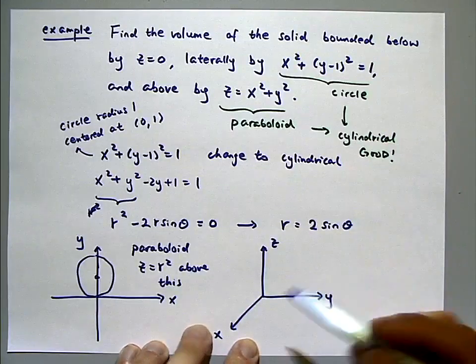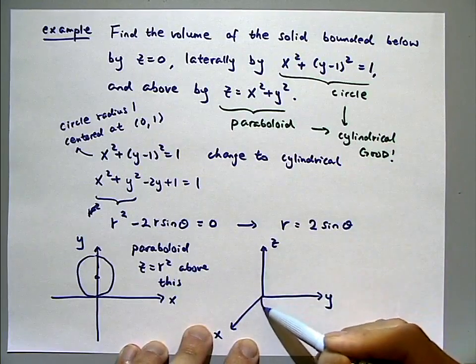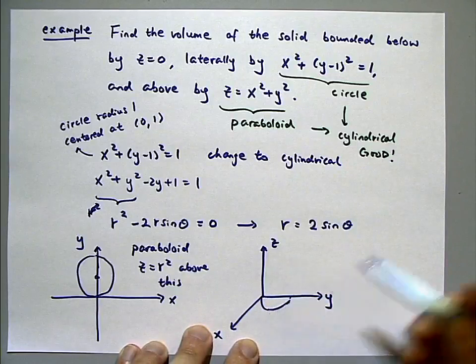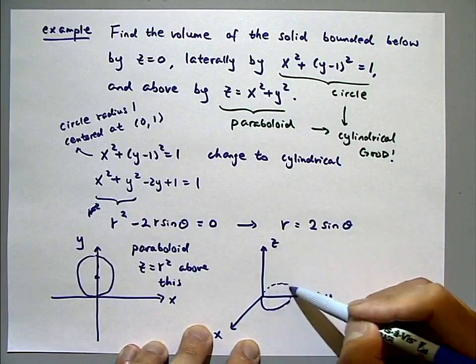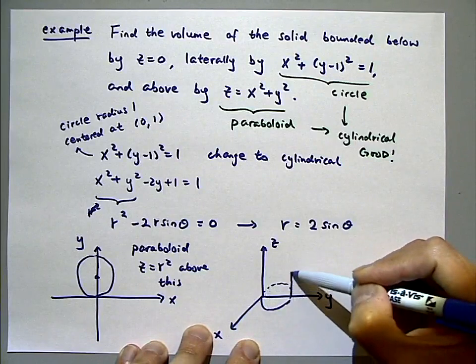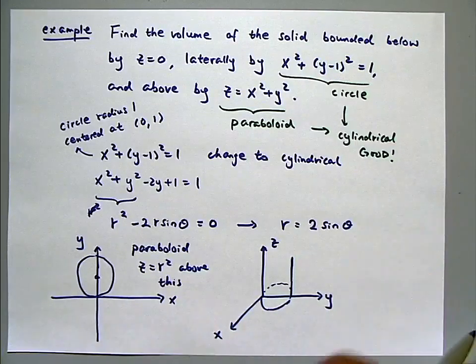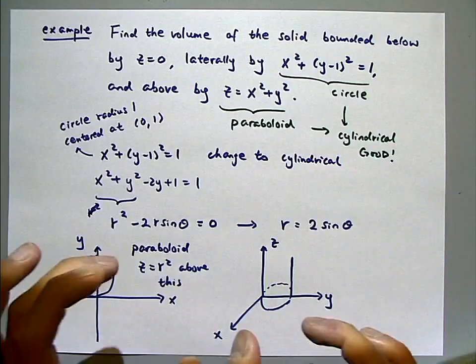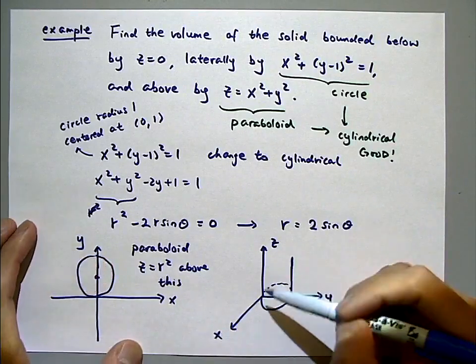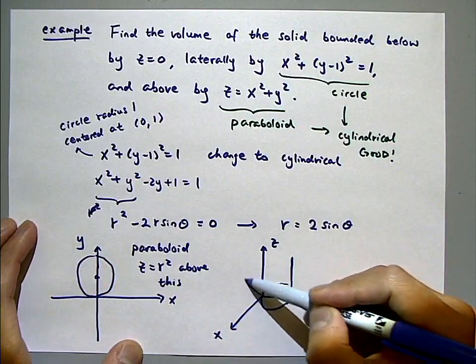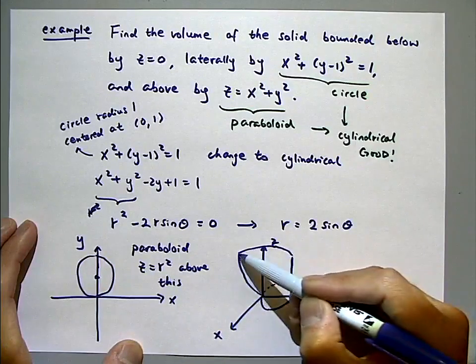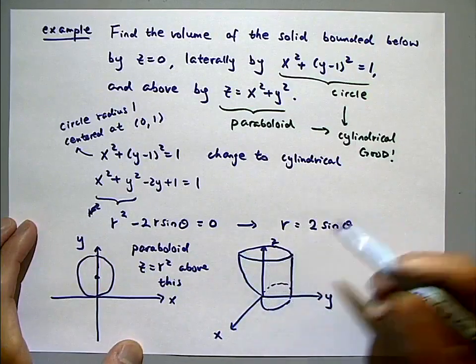Okay, in this view here, we have our cylinder. It goes up, so this goes up infinitely, initially. And then above this, we have a paraboloid, z equals r squared.